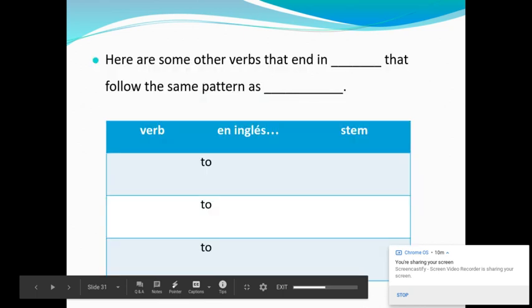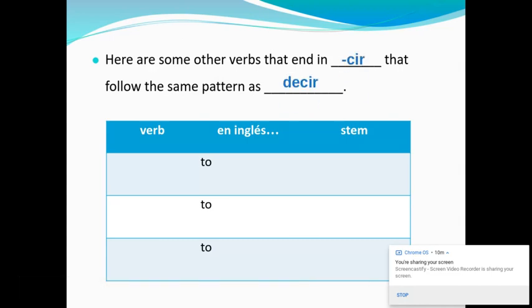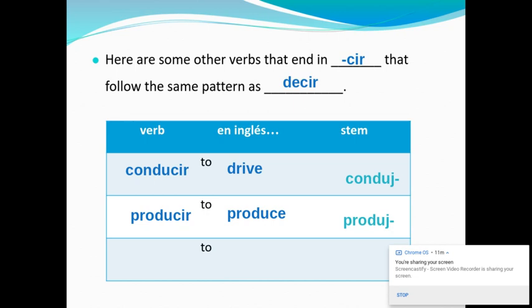Okay. Here are some other verbs that end in CIR that follow the same pattern as decir. Conducir, which we know means to drive. The stem is conduj. Producir, to produce, produj.